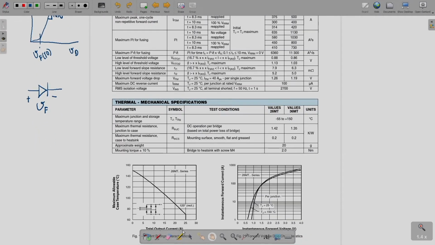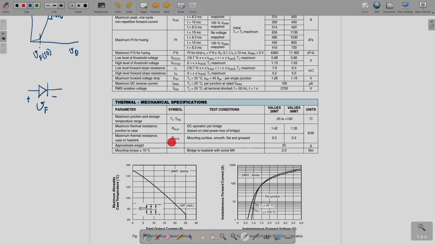Then you have these mechanical specifications that are given, your maximum junction and storage temperature range. So, Tj is your junction temperature and TSTG is basically your storage temperature. So, that is minus 55 to 150 degree C is what is shown. Then there is this thermal resistance junction to case, this I had mentioned before what it is, and that also you can see here that is specified, RTHJC junction to case, it is given in Kelvin per watt.